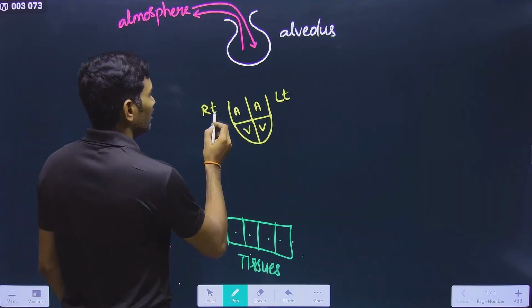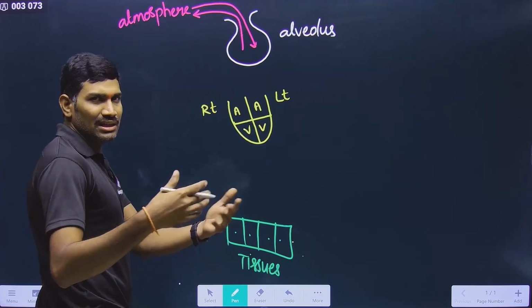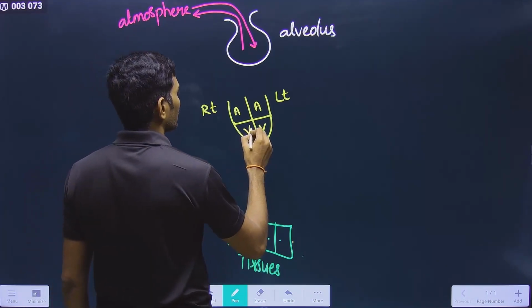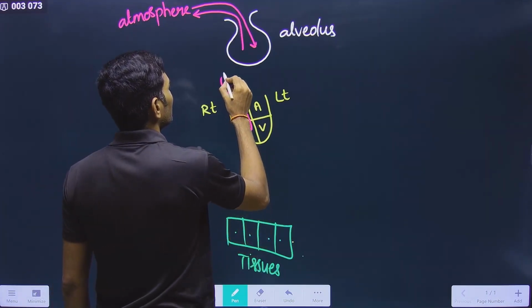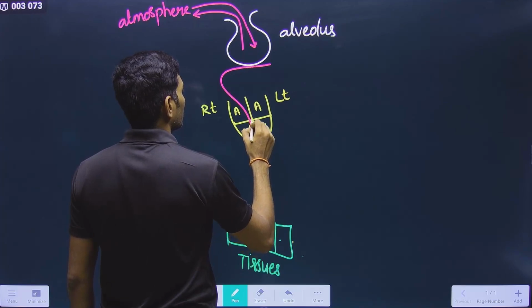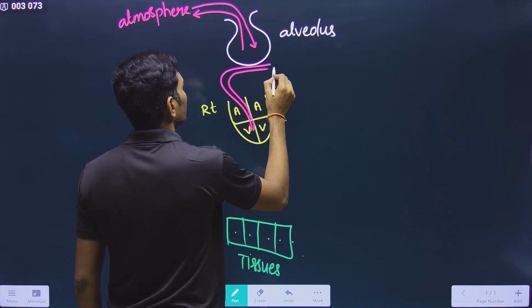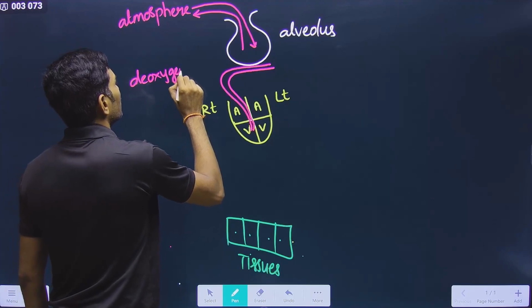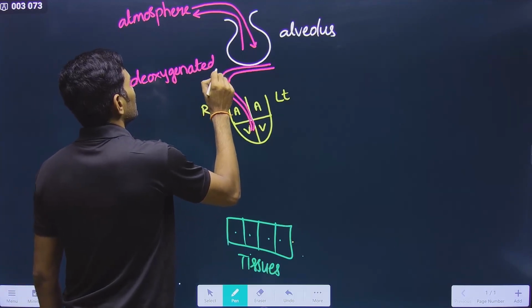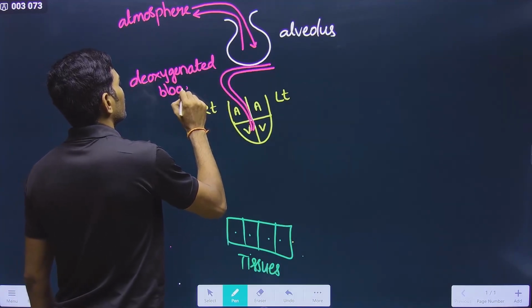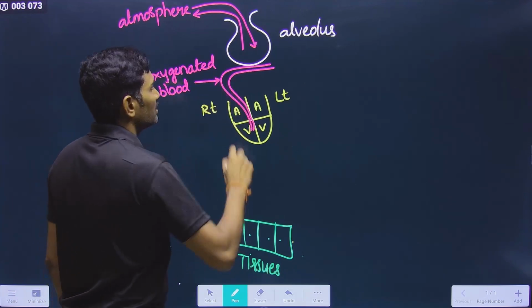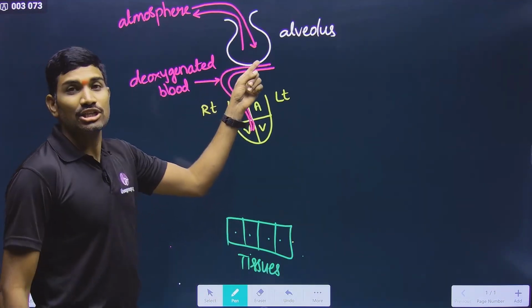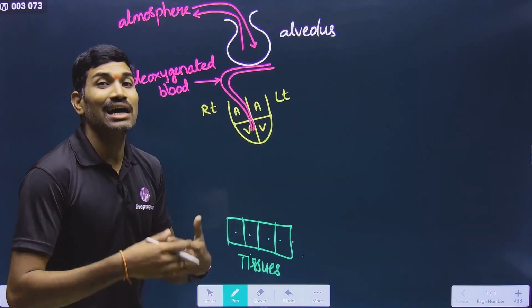Next, from the right ventricle, deoxygenated blood is coming here. This is the deoxygenated blood. And where is it going? It is going to the lungs, the alveoli.